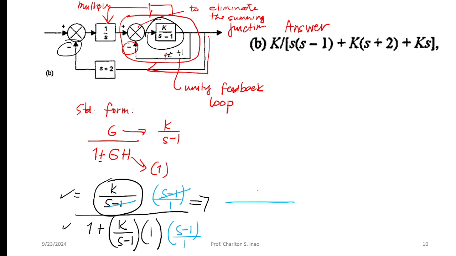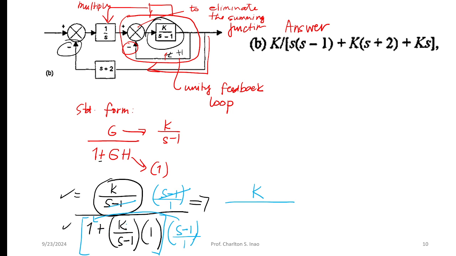So this numerator becomes K. And this one becomes a distributive property application. So there's a distributive property that you have to multiply the term for each term when it is separated by plus or minus, right?